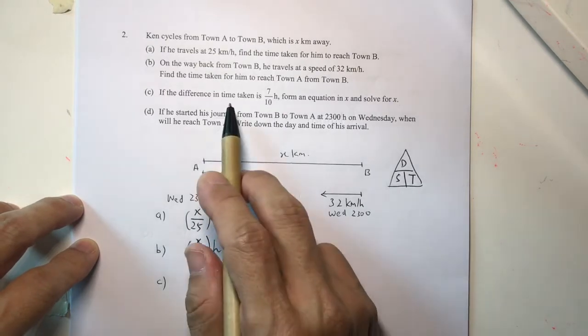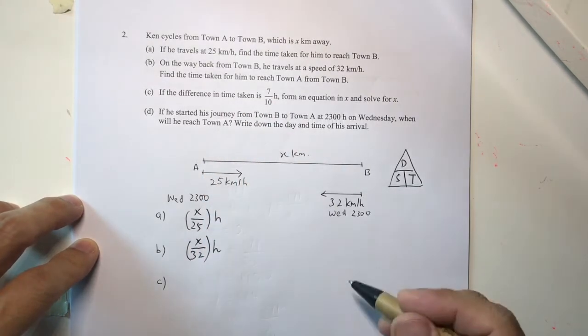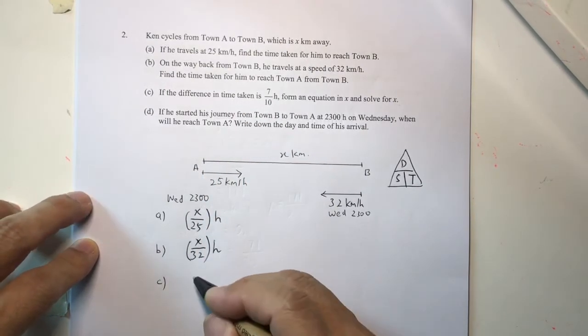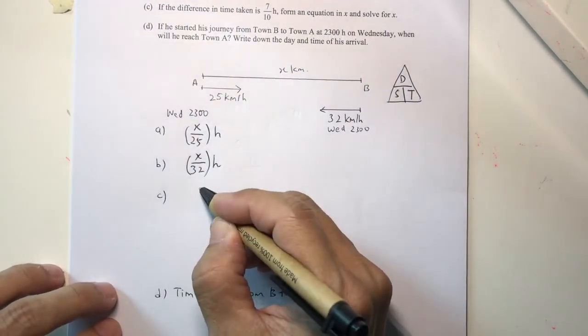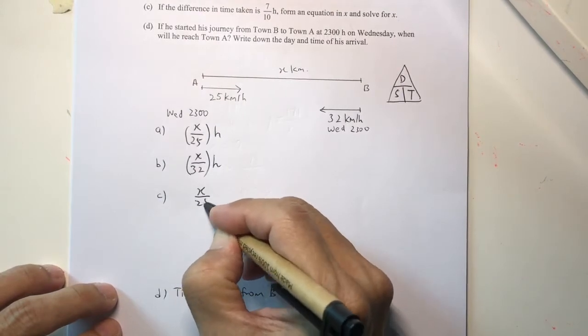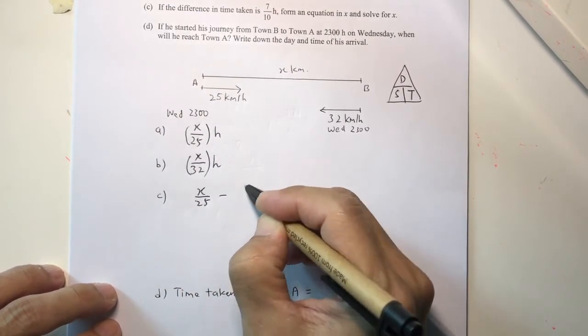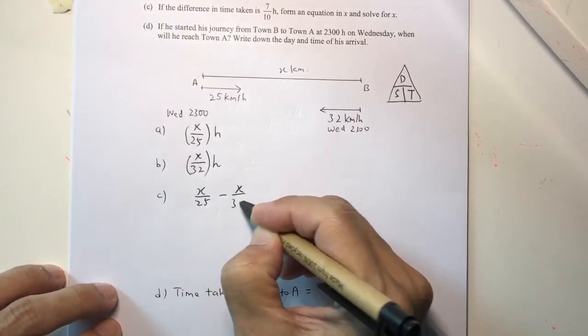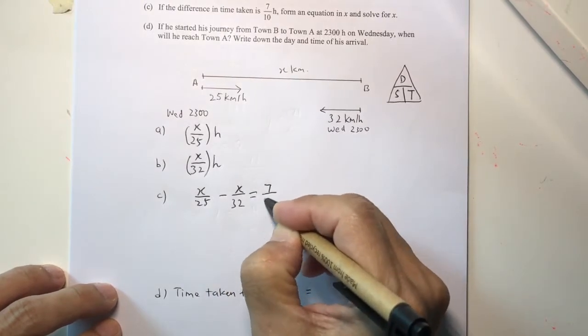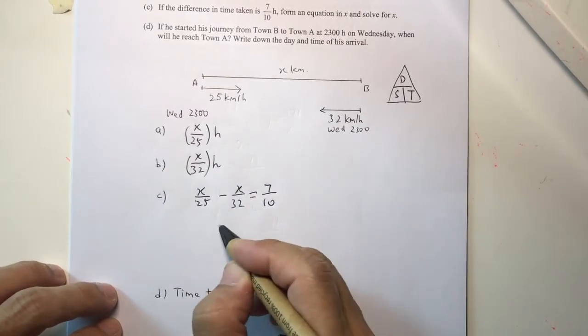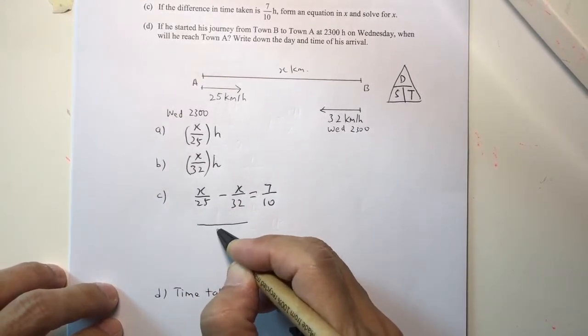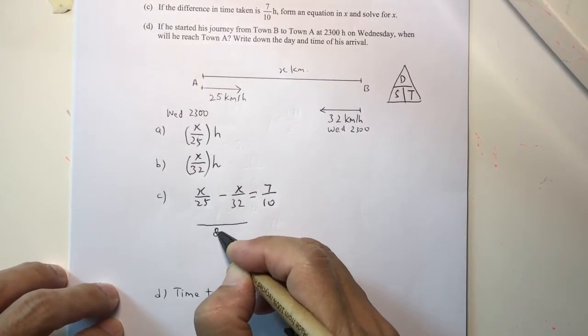We are given that the difference in time is 7/10 hour. So the difference in time is x over 25 minus x over 32, which gives us 7/10. Okay. Make it into a single denominator, 800.